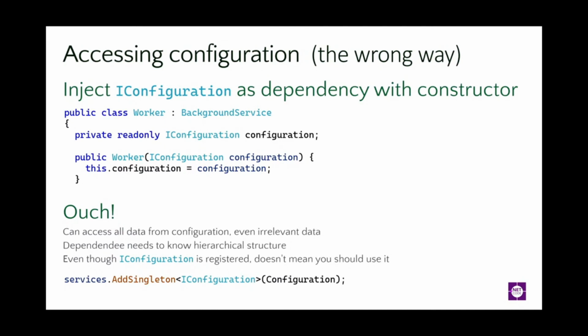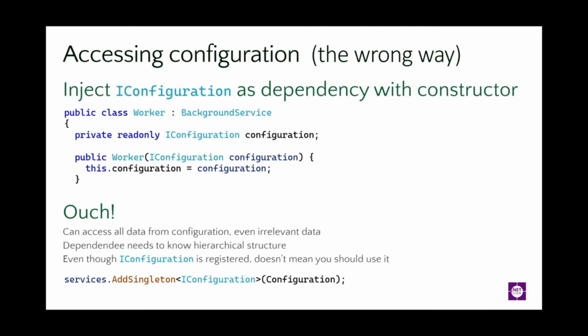It's better to say, okay, we should extract the values in a typed form, and just give the values that are particular to this thing. This worker had 3 settings. We don't need all the other ones about the log levels and what have you.